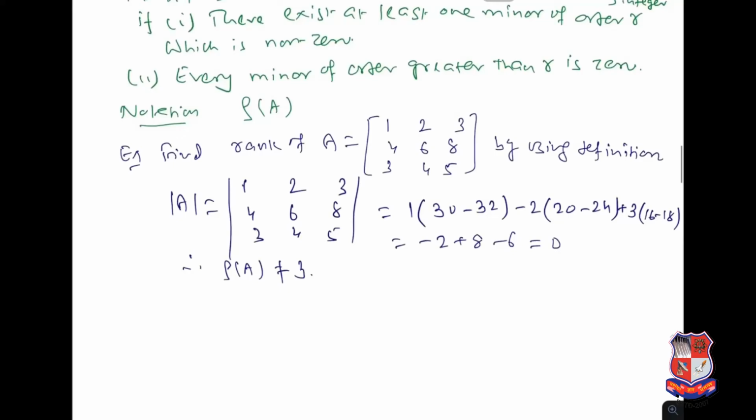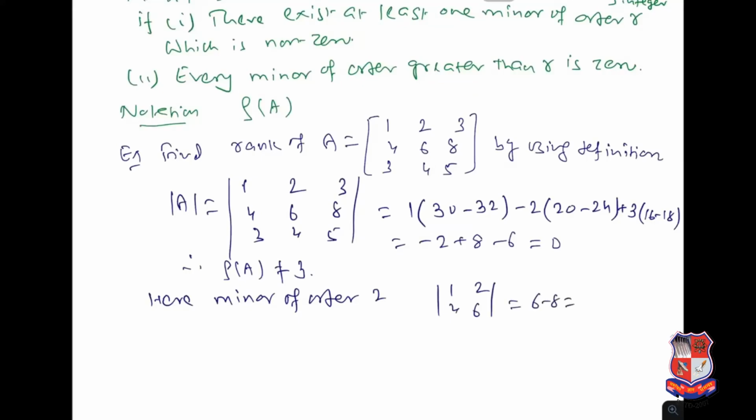It's not 3, so it may be 2. If it is 2, we need to find a minor of order 2 which is non-zero. So let us observe: here is a minor of order 2, 1, 2, 4, 6.